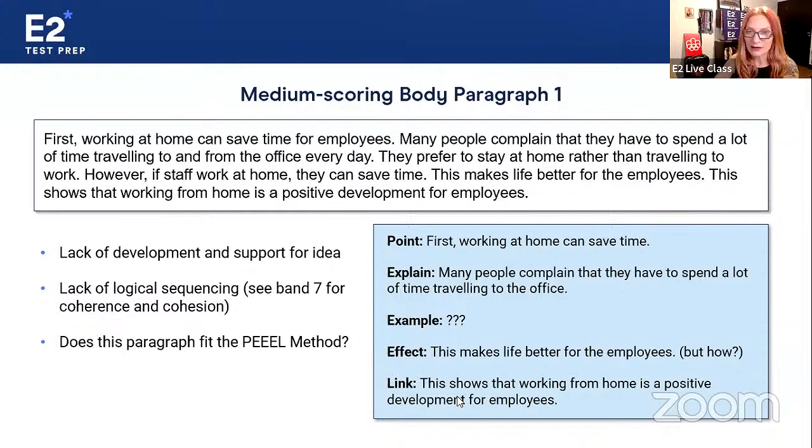So once again, this shows that working from home, so this is the link. Now, if you read this link sentence, would you say it's backward or forward? This shows that working from home is a positive development for employees. Would this be a link backwards or a link forward? There you go. Now, interestingly, this type of essay in particular, why this type of essay? You have two body paragraphs that will discuss the same point, not the same idea, the same point.